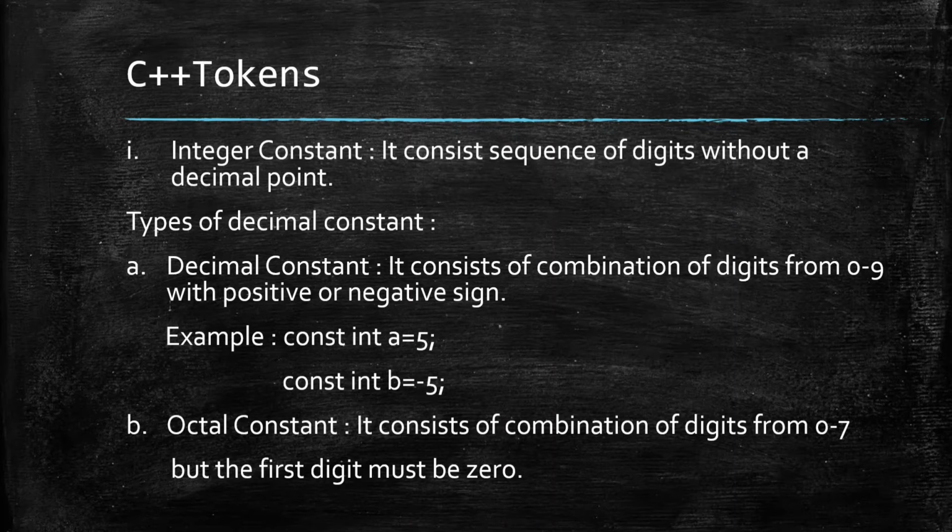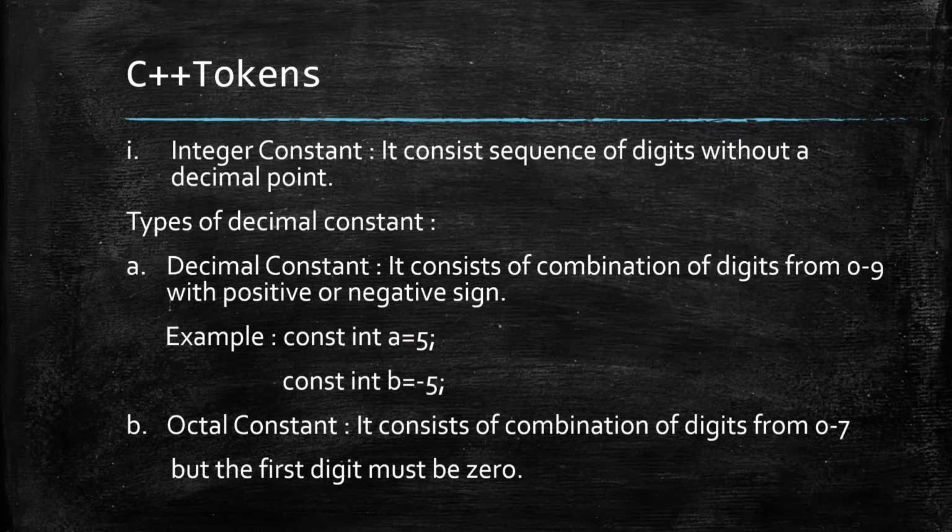So in the example I have mentioned, const is the keyword which is used for constant, int for integer. So const int a is equal to, you're fixing the value here itself, you are initializing the value here itself. So always initialization is done from right to left. That is, a is equal to 5, I say.